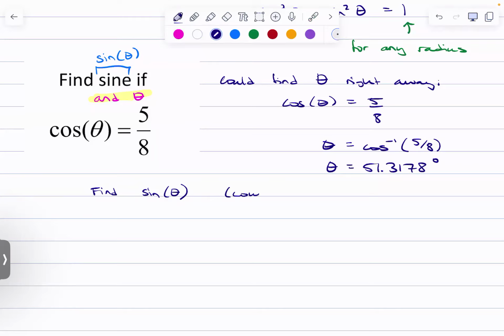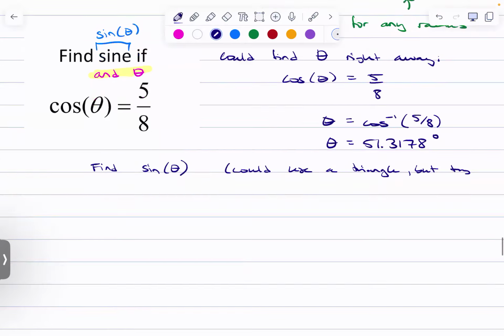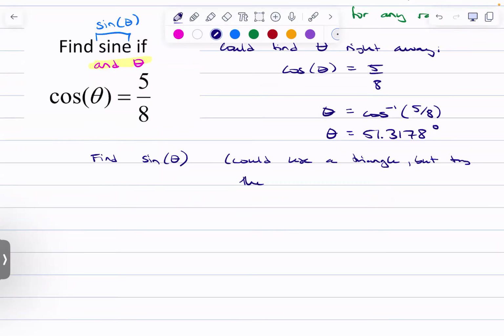So here I'll say you could use a triangle. Oops, doesn't look like a triangle. But try the Pythagorean identity.